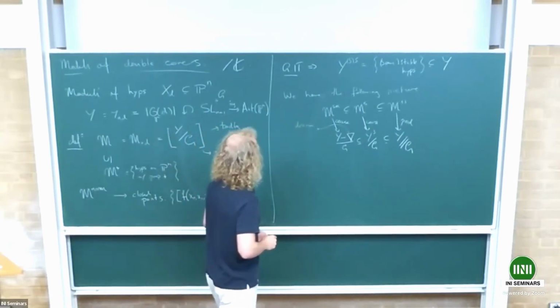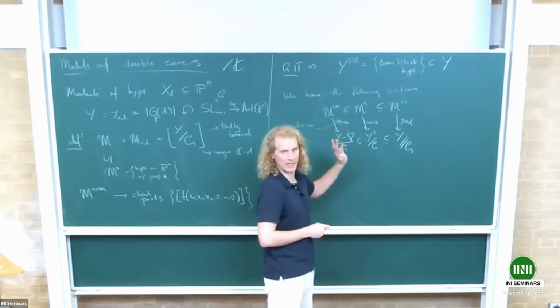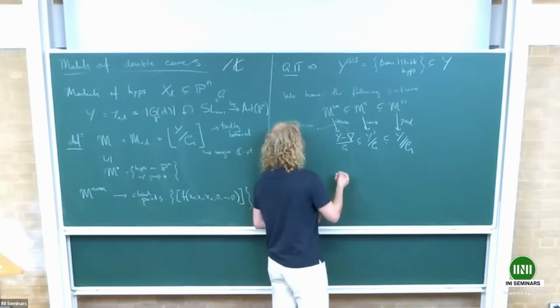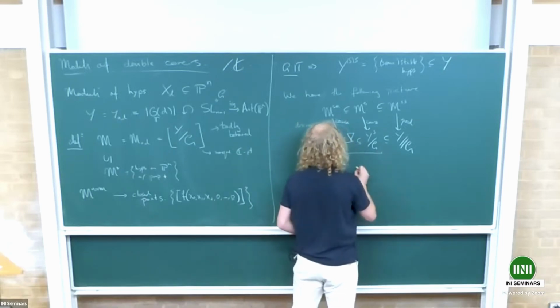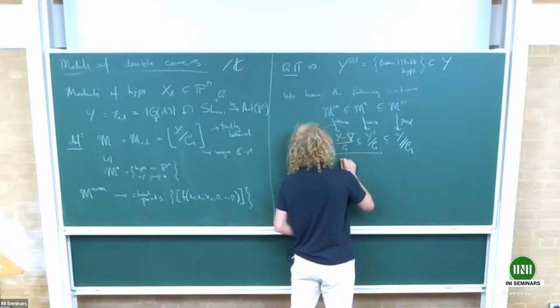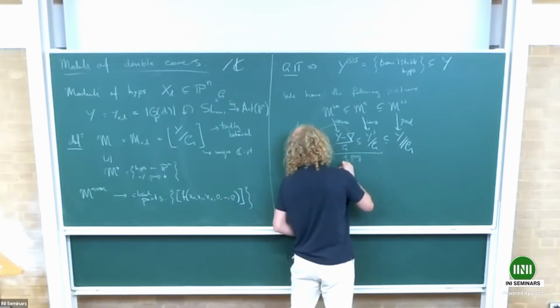Along with the properties which I'll go on to list about this particular moduli problem, this is what we're going to be aiming for. What properties do we know? These two are both quasi-projective, and they have finite quotient singularities.